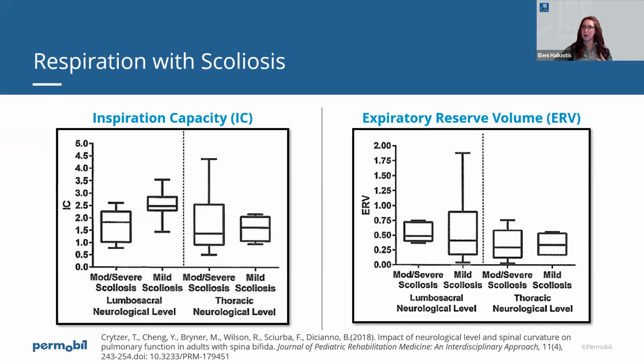And so they end up with extra air in their lungs and not being able to really blow all that air out. And that certainly is related to pulmonary dysfunction issues.